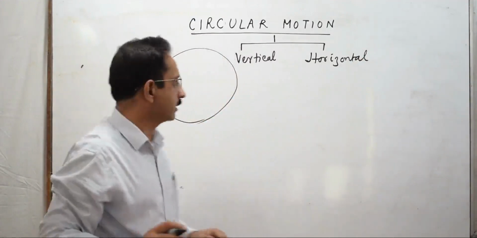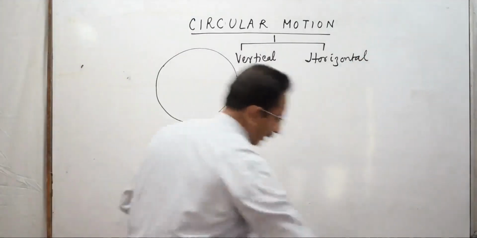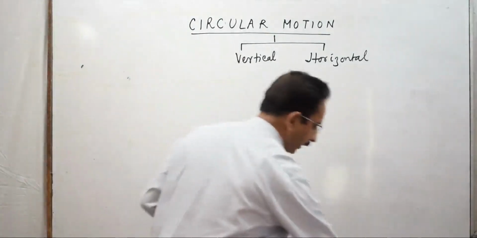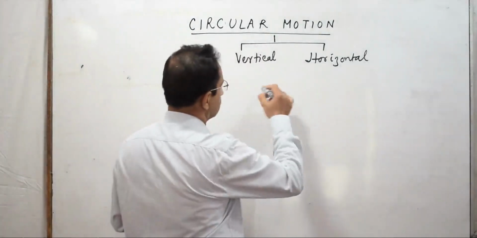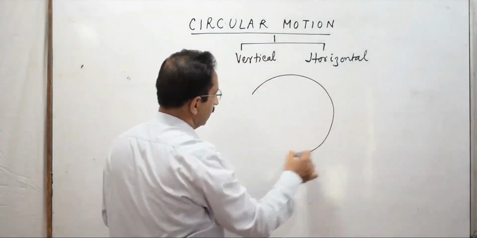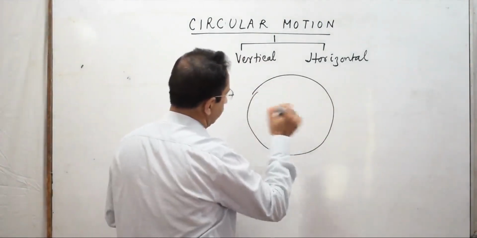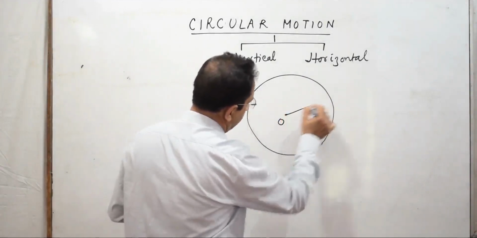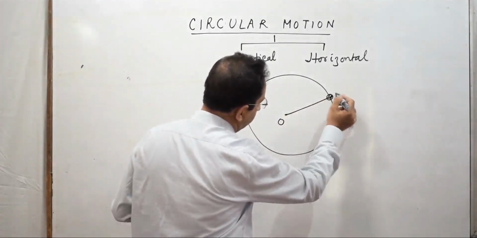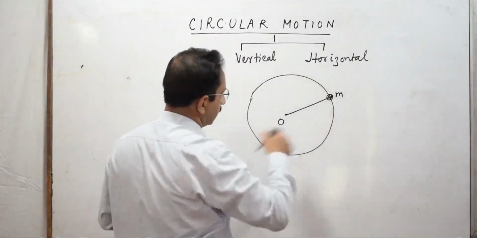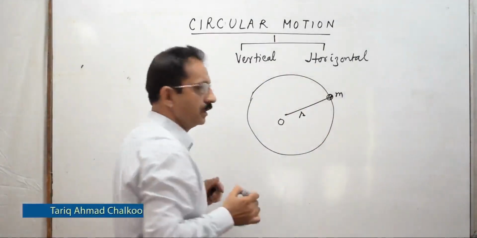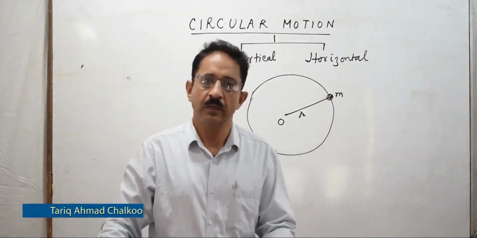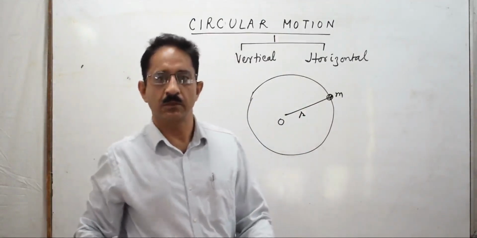Think of a horizontal circle. We can define a circle as a locus of a point such that the distance of that point remains constant with respect to a fixed point. So if I say that there is a fixed point O and I have an object of mass m moving on this path such that its distance with respect to O always remains equal to small r, which is equal to the radius of the circular path.